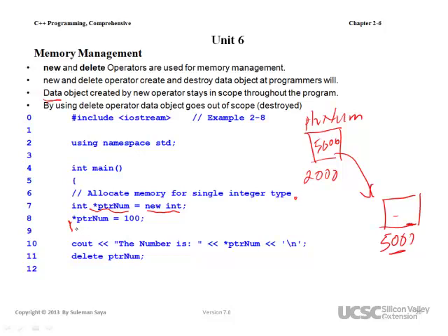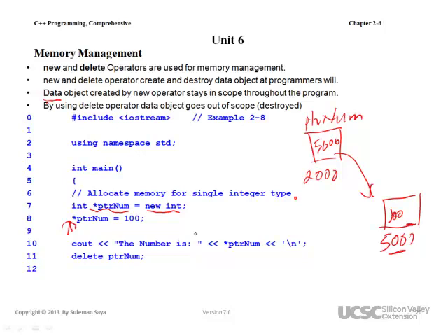When we put a star in front of the pointer variable, that means we are dereferencing, and dereferencing will allow us to reach this memory that we just allocated, the integer type. So basically, by dereferencing, we are writing 100 to this memory location.